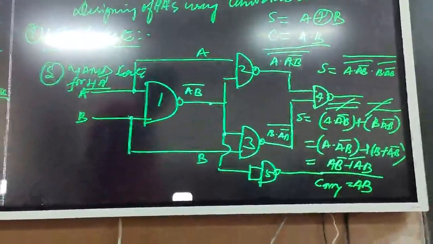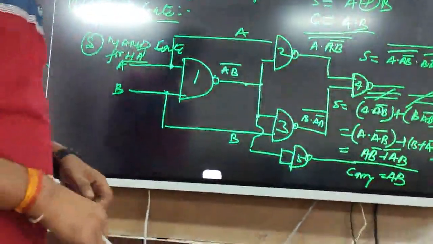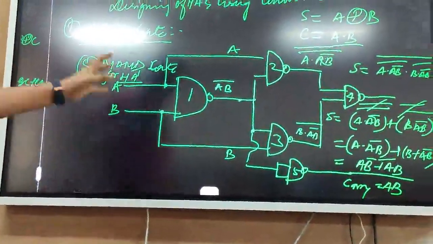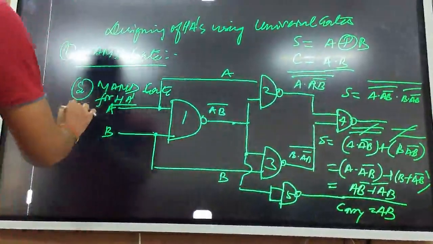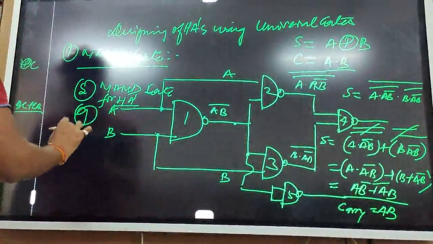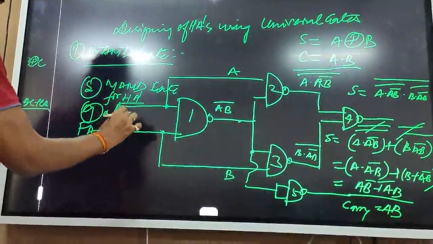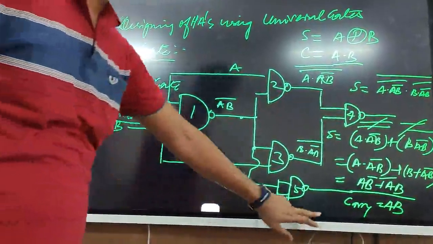This was the basic thing associated with the half adder. Similarly, you can design full adders also, and there you will require 9 NANDs for full adder. You try it by your own self.